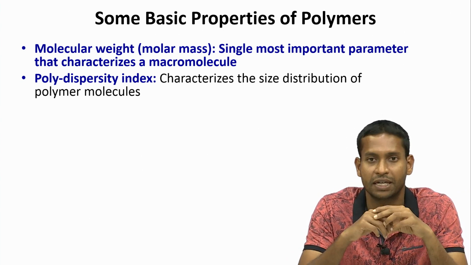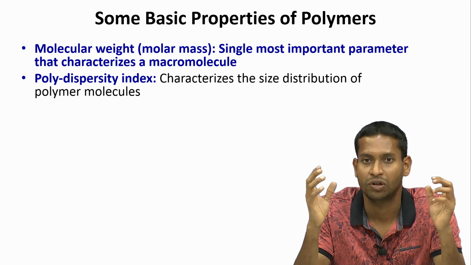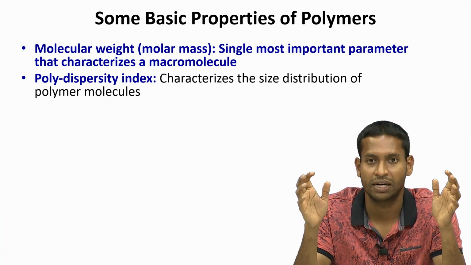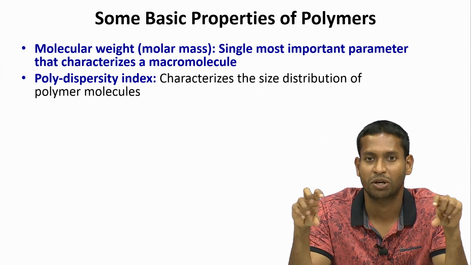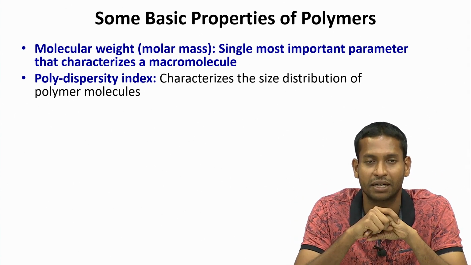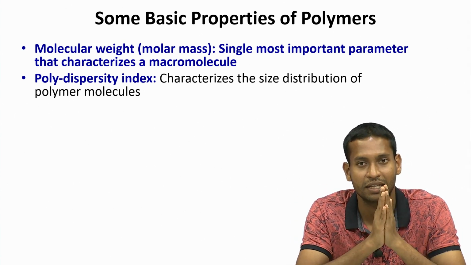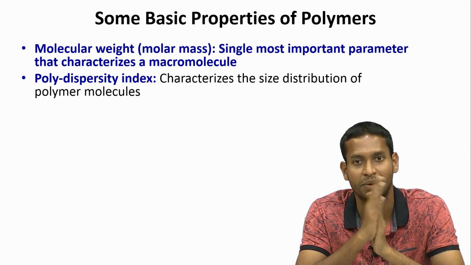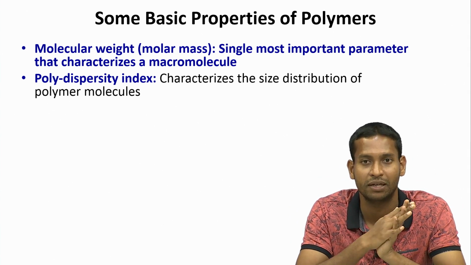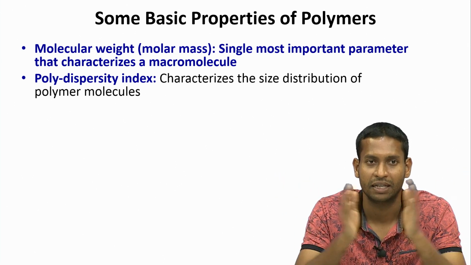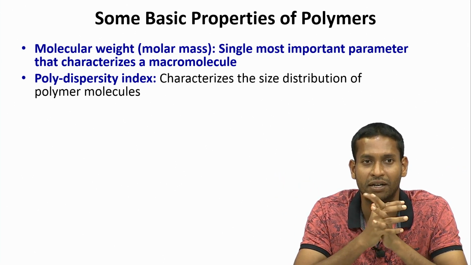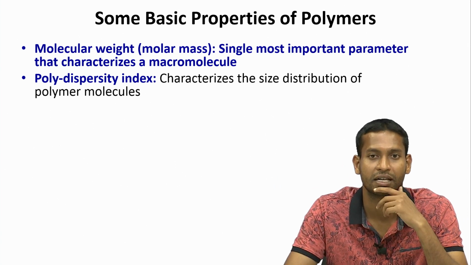Let us say if I say a polymer molecule is 100 kilodalton, that means that the average size of these polymer chains is 100 kilodaltons, but it does not mean that all of them will be 100 kilodalton. There will be some polymer chains which will be 110, there will be some which will be 90. So this spread from 100 essentially defines what the polydispersity index is.